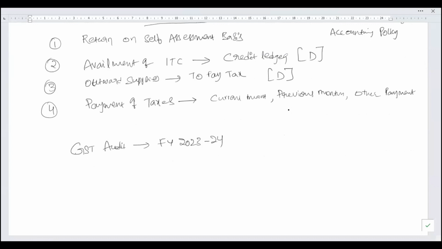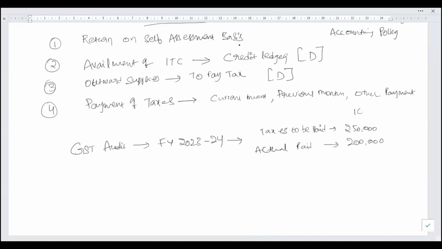For financial year 23-24, the officers have done their audit and they say that taxes to be paid are, say, rupees 2,50,000. But actual paid, they say, is 2 lakh.